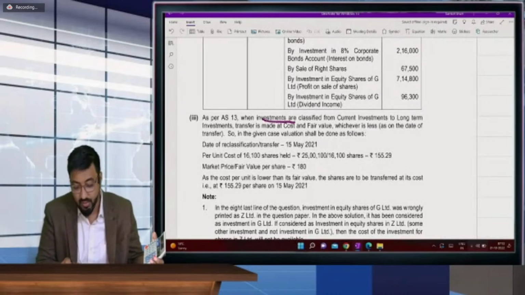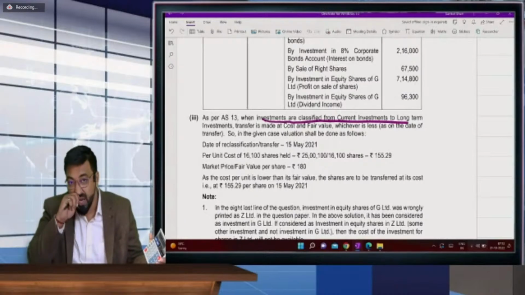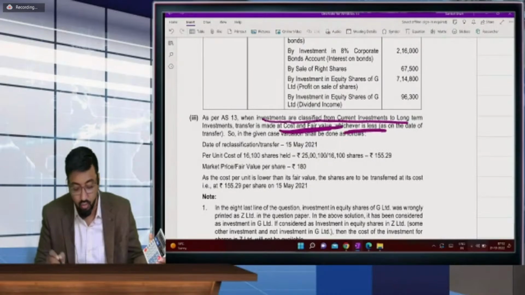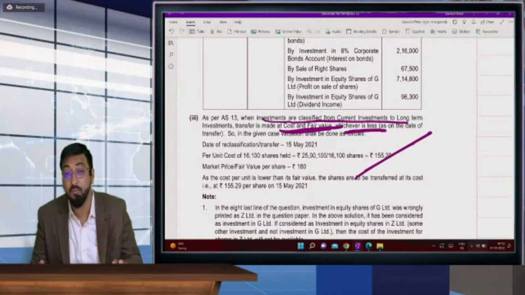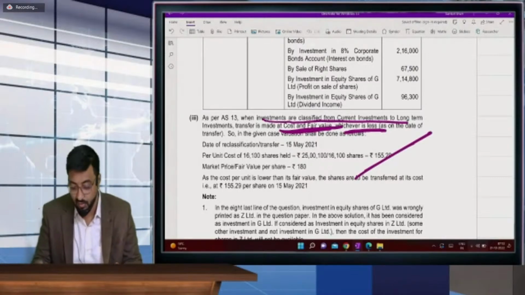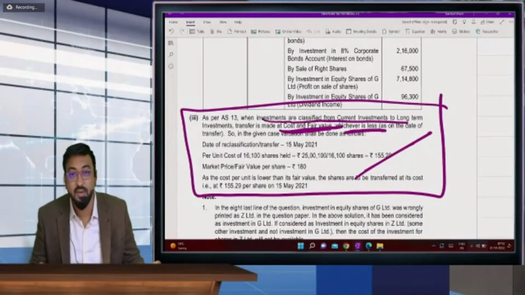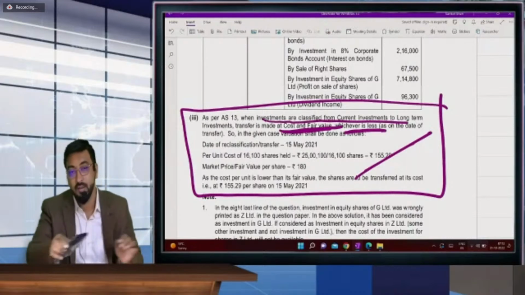As per the accounting standard, when investments are classified from current investment to long-term investment, transfer is made at lower of cost or fair value. So in this case, we will record it at 155.29. It's very, very simple. Now you got this provision in the morning session, beta. Yes, tell me, you got this provision, easy or not?